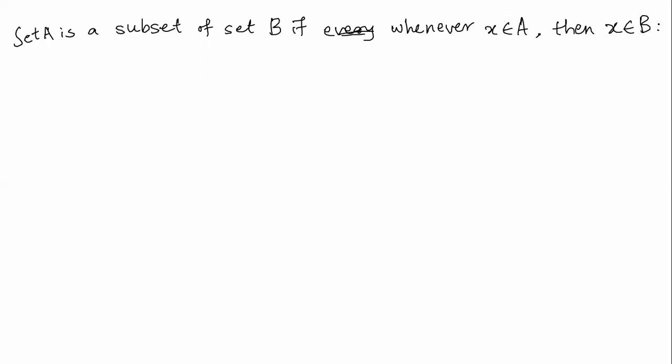Is the converse true? Means when I say that A is a subset of B, can I say that B is also a subset of A? Yes or no? No, sir. No, no. So answer in general.